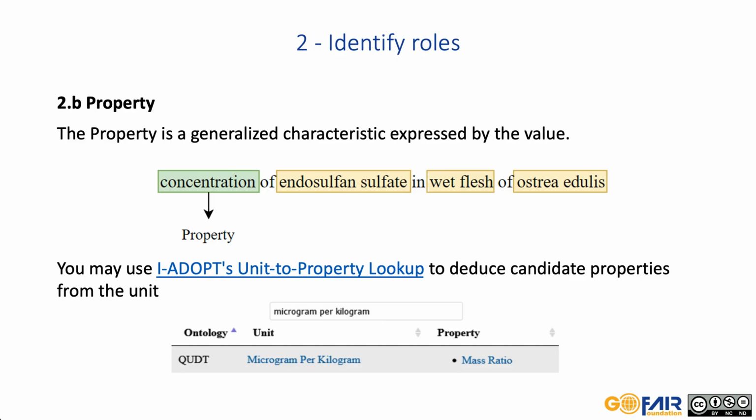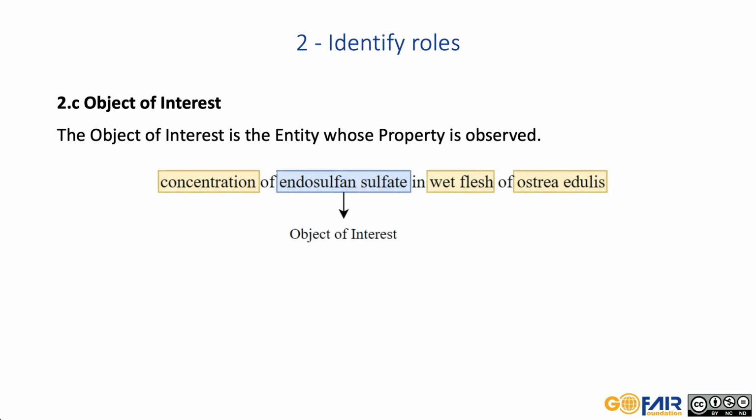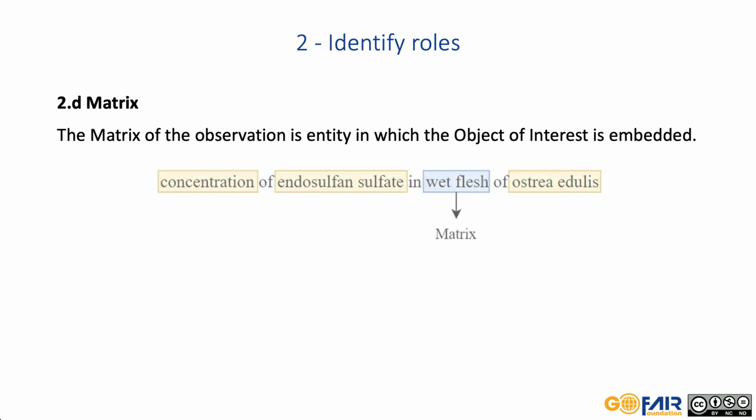The object of interest is one of the entities involved in the observation. In particular, it is the entity whose property is observed. If the object of interest is embedded in or is a particular part of another entity, that entity is the matrix of the observation. Note that not every observation necessarily contains a matrix.